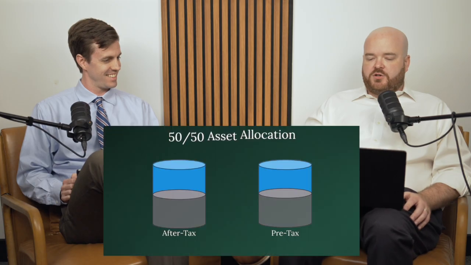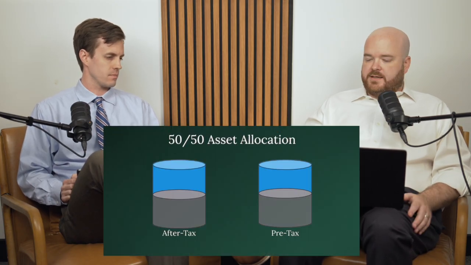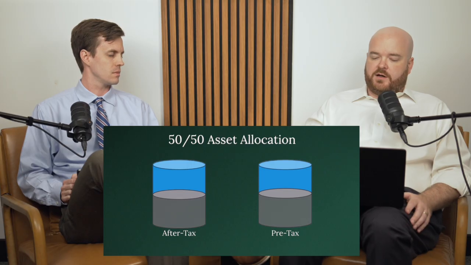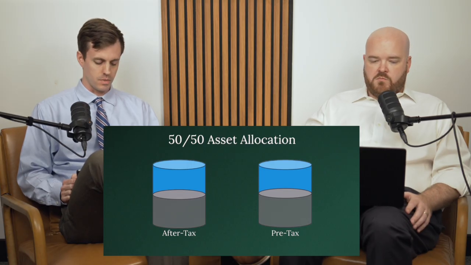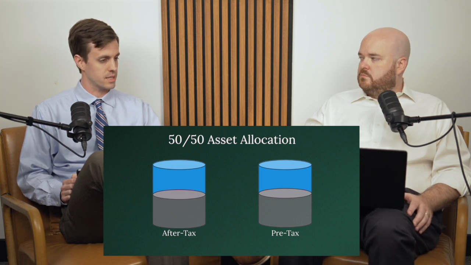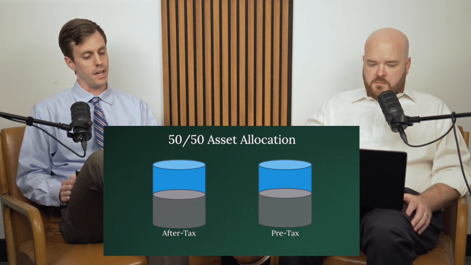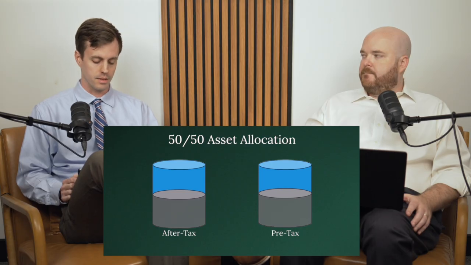We've got a graphic of two buckets. Drew, explain what we're looking at here. It's very typical. A client will come in with some portion of their money in an after-tax brokerage type account and some portion in a pre-tax IRA bucket of some kind.